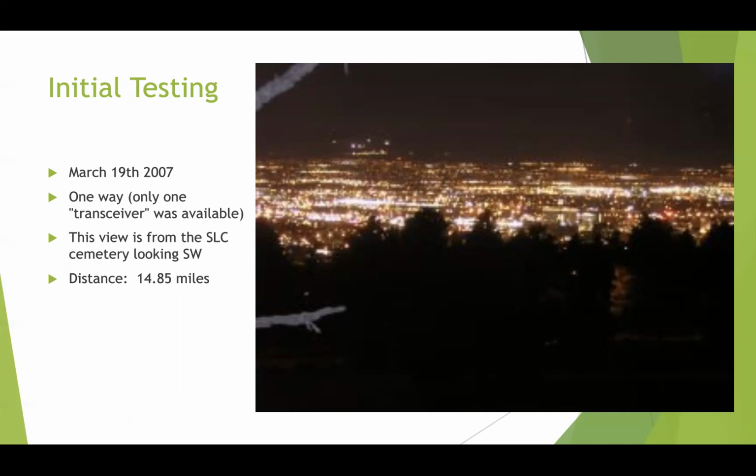It was Highway 111 and about 70th South, and this picture is taken from the Salt Lake City Cemetery where Gordon was positioned. You can see right here, there's a little dot. That is the transceiver site. So that's what he could see across the valley, a distance of 14.85 miles.